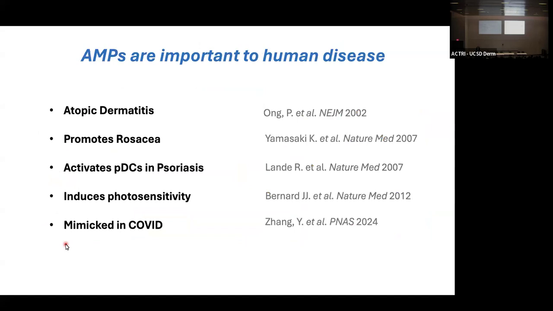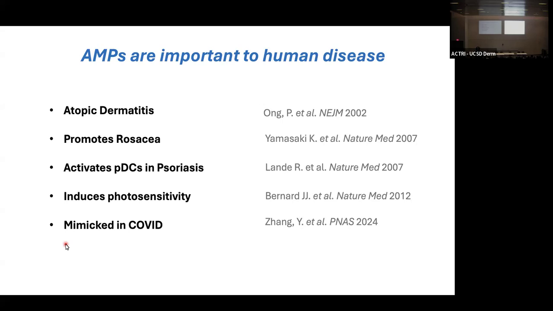One of the interests in my lab starting off early and as a dermatologist was to try to understand if these things that we actually originally found in pigs and then cloned the gene in mice are important to human disease. And with a lot of very great collaborators, we were able to show that in atopic dermatitis, the antimicrobials are suppressed by Th2 signaling, and that explains in part why they get colonized by high levels of Staph aureus and other bacteria.